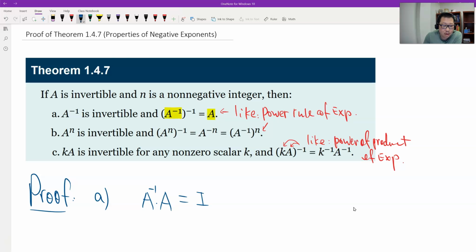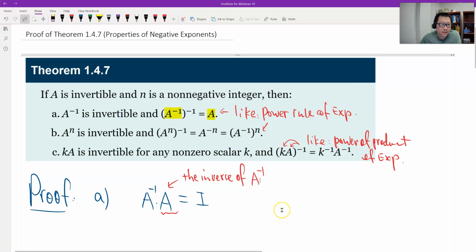So this matrix is the inverse of the inverse of A, because this matrix times the inverse of A gives the identity. That's true.